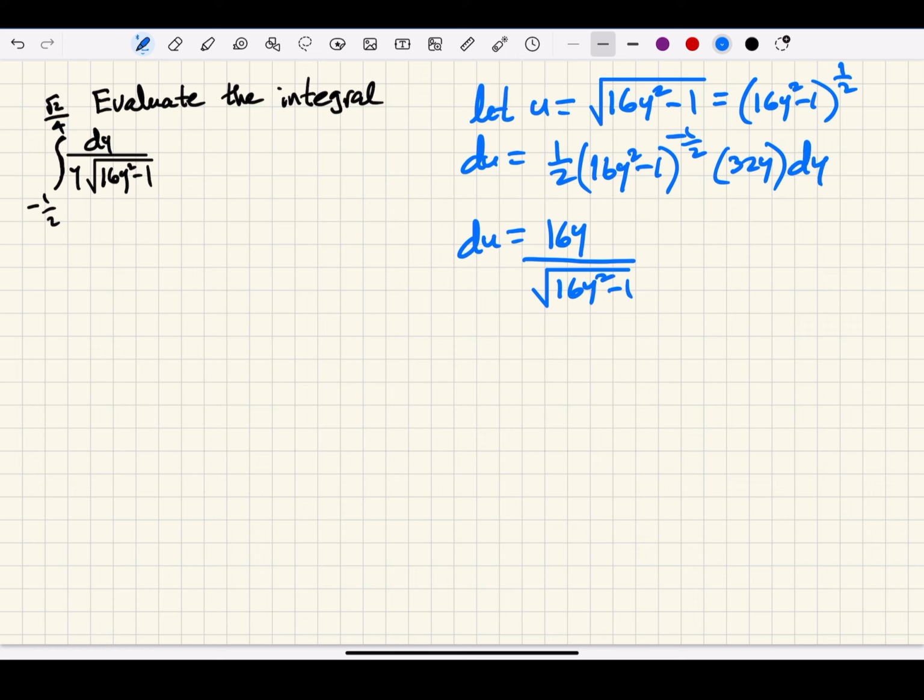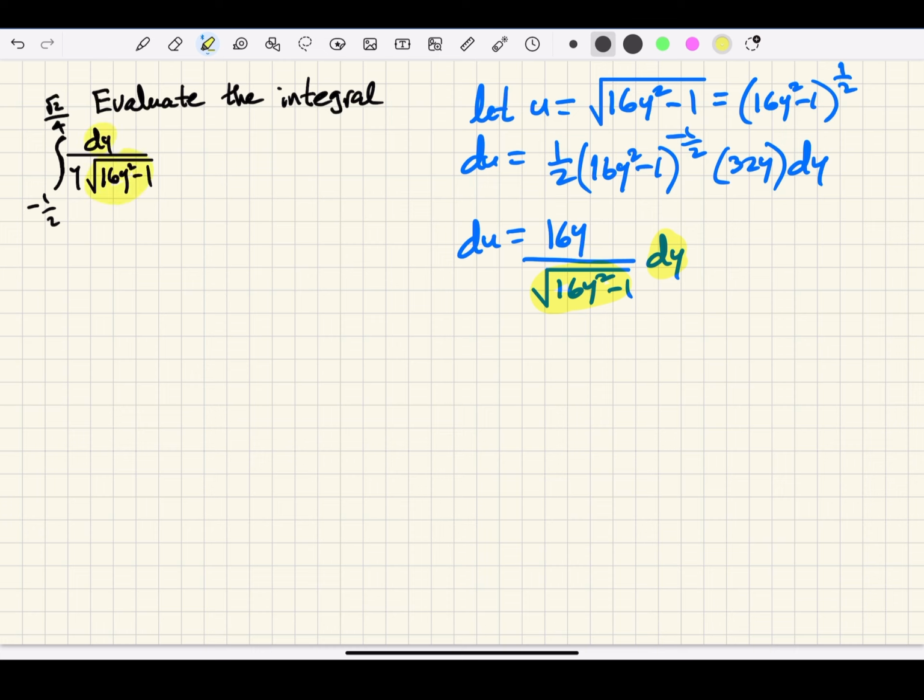And of course, I forgot the dy at the end. Now, I realize that in this derivative, I have this dy over the square root of 16y squared minus 1. I've got that here also.